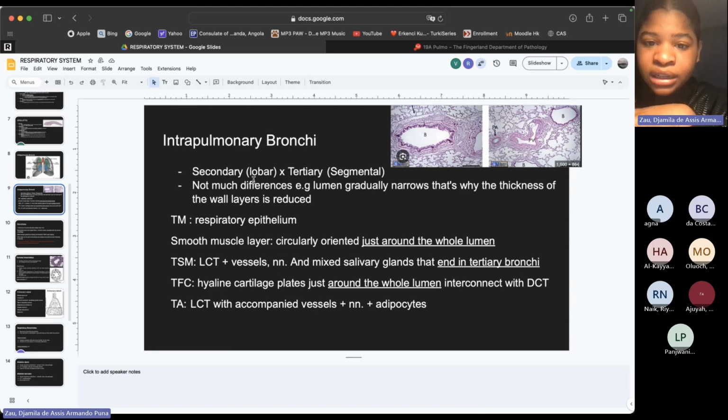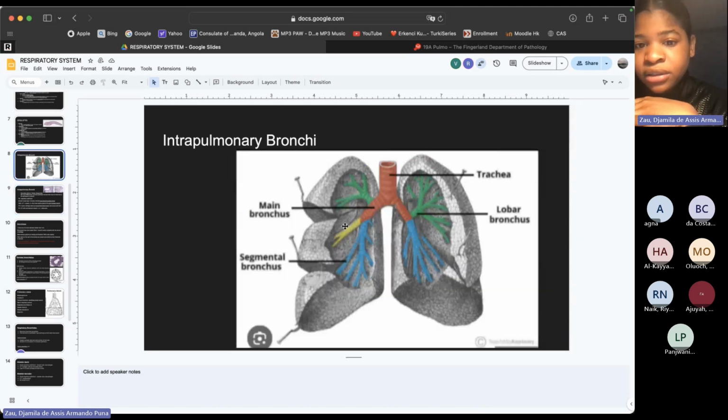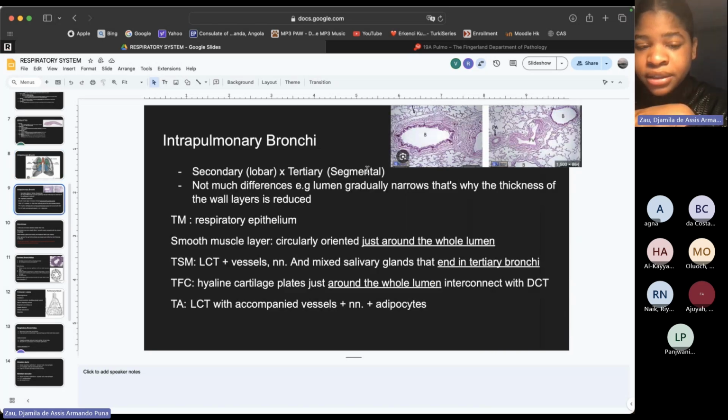So we can have your secondary, which we talked about, which is your lobar, dividing the lungs into lobes, and you have your segmental or tertiary for each segment. Now, there isn't actually much difference in them. However, in theory, you could say that the lumen tends to narrow, and that's why the thickness of the wall layers is reduced.